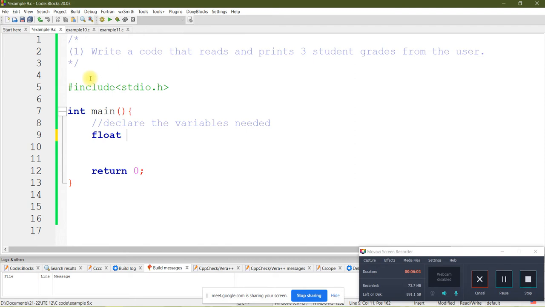Actually, we could use integer if, for example, our grading system were like in your senior high school or elementary, wherein the grades are 91, 92, 81, 75. Those are integers. But in college, your grades are 1.0, 1.25.